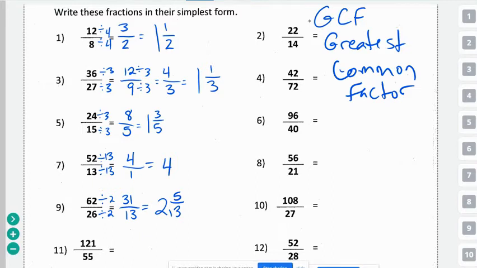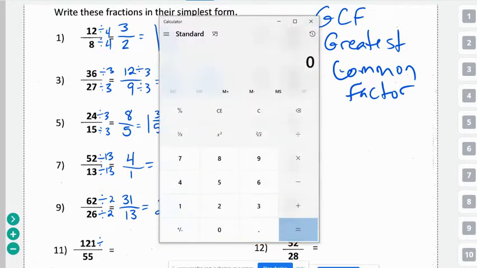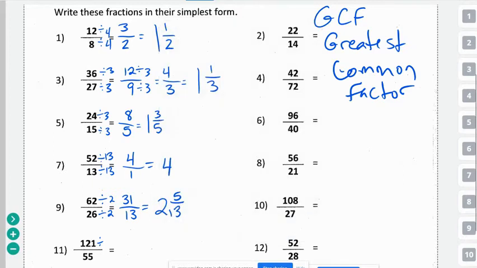Over here, 121 divided by 55. Well, let's first convert it to, hold on, erase.